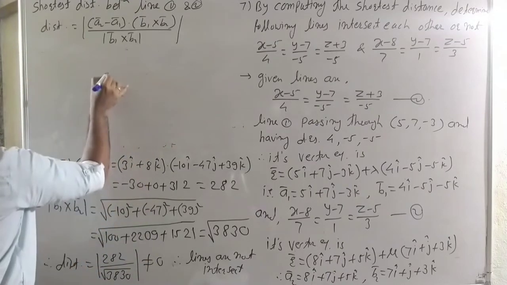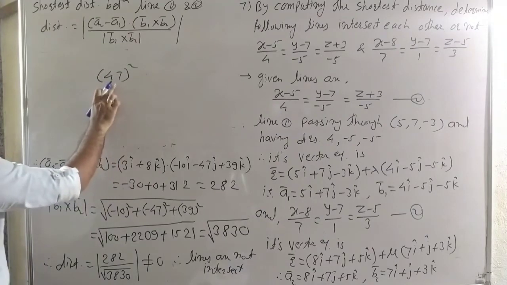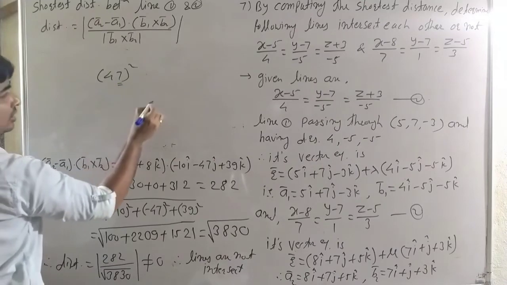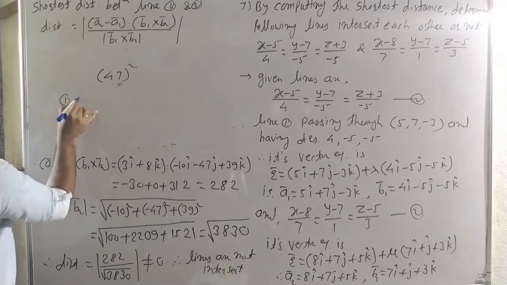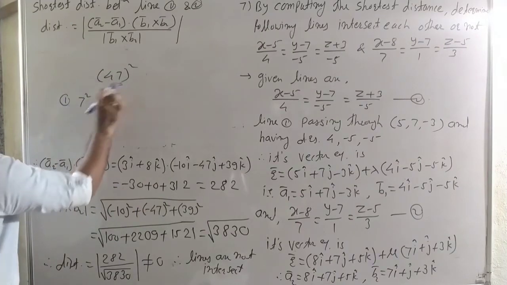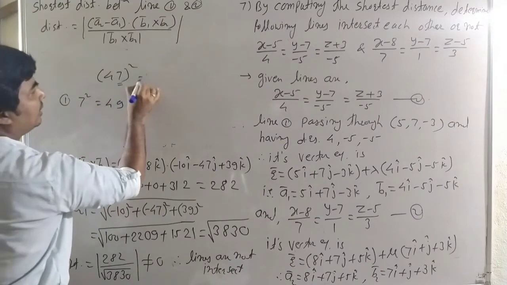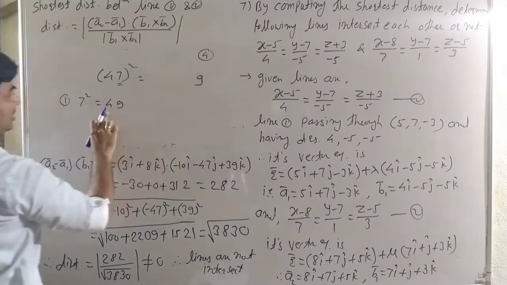Okay, it is 47. To find the square of a 2-digit number, first find the square of 7, the unit place. It is 49, so we take number 49, carry 4. See carefully, it is carry 4.